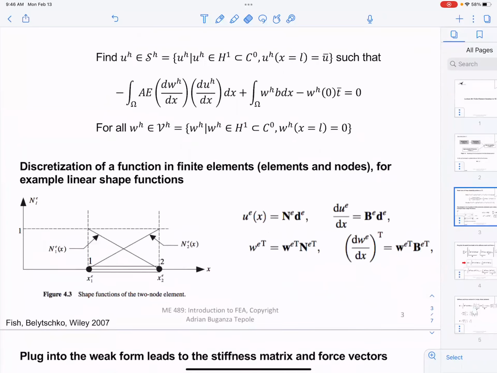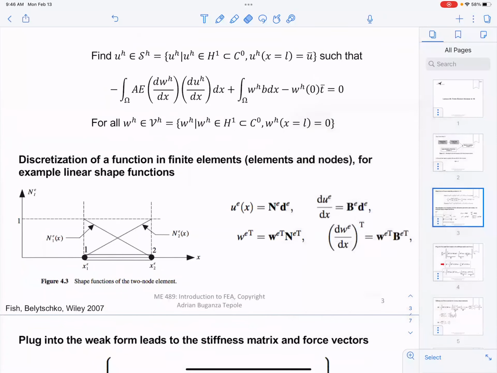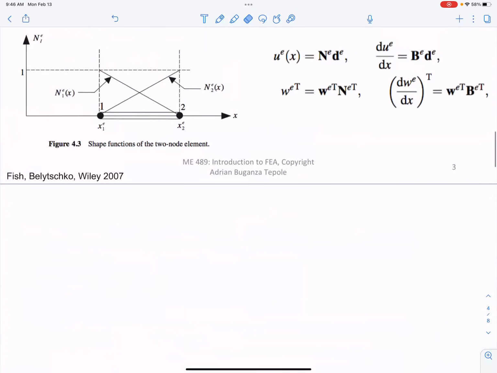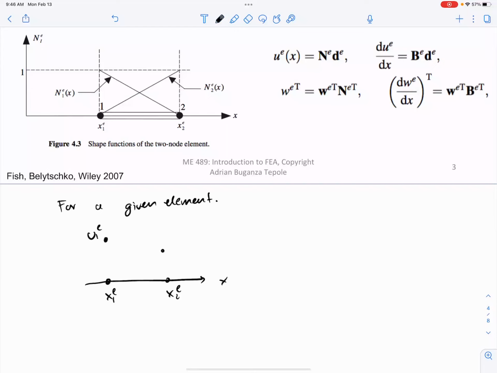Basically, for a given element, if I have the two values, I can interpolate uh of x equals the sum of the shape functions times the nodal values. Again, today I'm going to do it with the shape functions in terms of x.